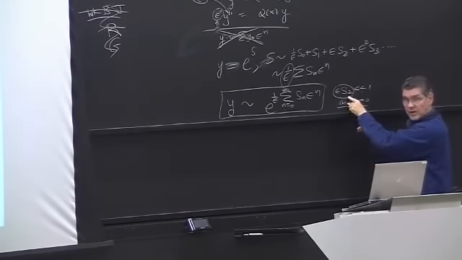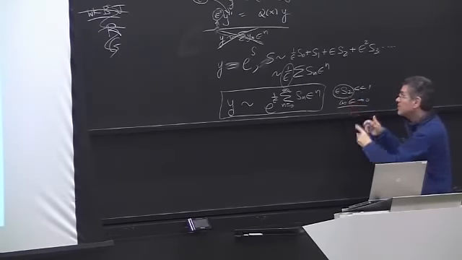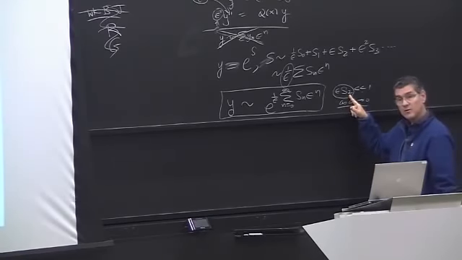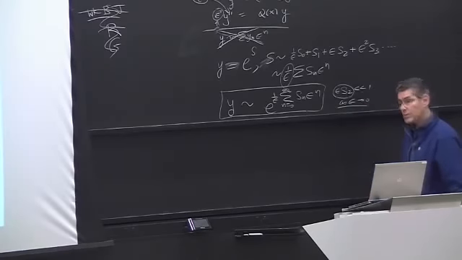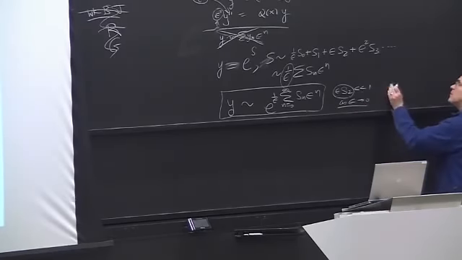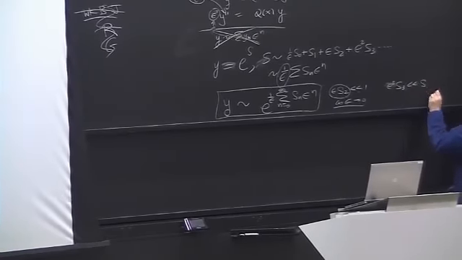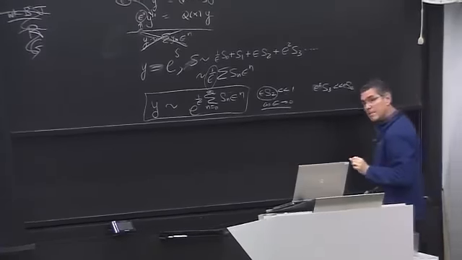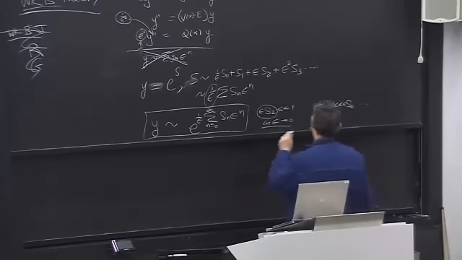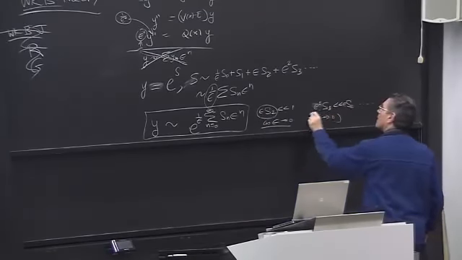It may not be true. Maybe S2 is very big, so even though it's multiplied by epsilon, this may not be correct, but it is going to be correct. We're going to see that. And we're going to show that epsilon squared S3 is negligible compared with epsilon S2 and so on, as epsilon goes to 0.